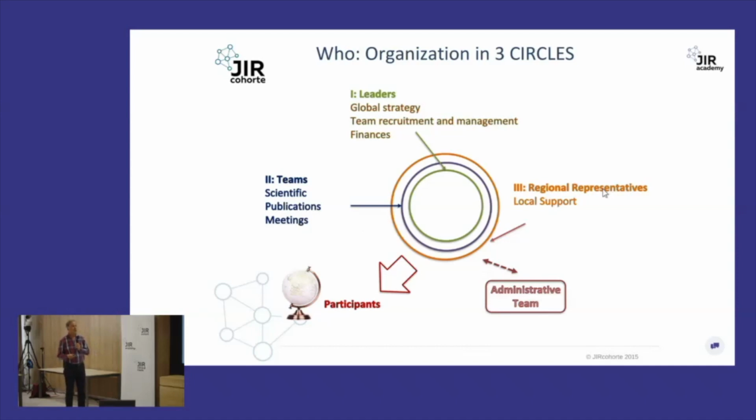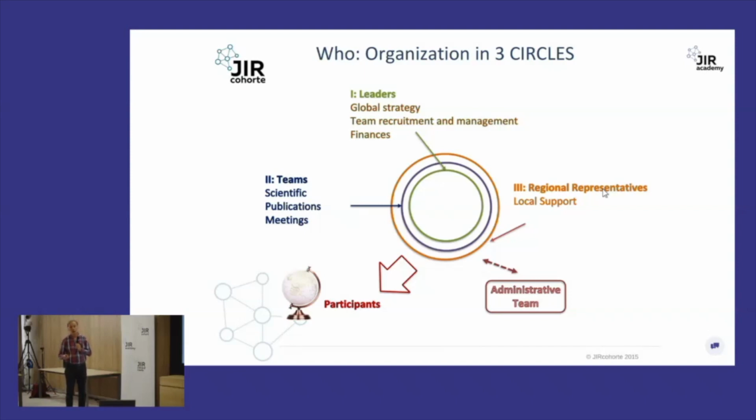The second circle are the teams from the 5 different diseases, so 5 groups in Circle 2, with one leader from Circle 1 leading the group. And this Circle 2 is for the scientific purpose of the study, publications and meetings. And finally, we have Circle 3 with the regional representatives who will help us by giving local support.